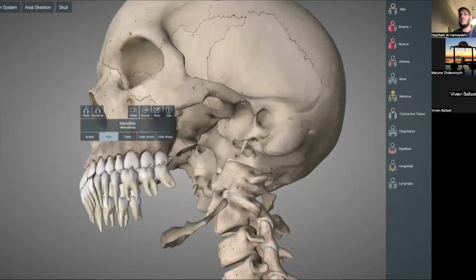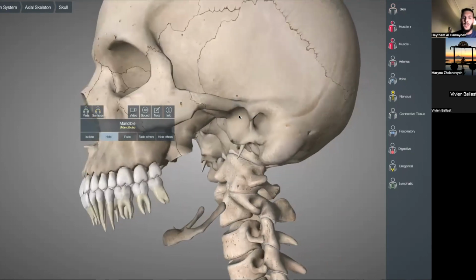This is the mandibular fossa. Okay? The mandibular fossa. It's the space where the process of the mandible articulates with the mandibular fossa to make the temporomandibular joint. Okay? Mandibular fossa.